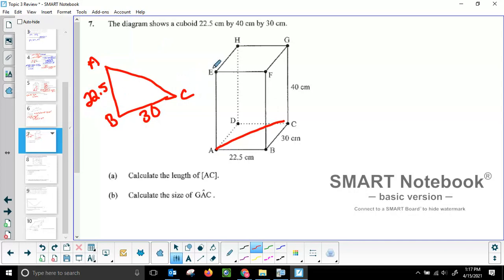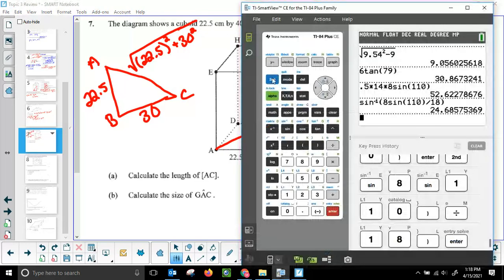So all we have to do is A squared plus B squared equals C squared, right? So this will equal the square root of 22.5 squared plus 30 squared. All right, so we do that in our calculator.